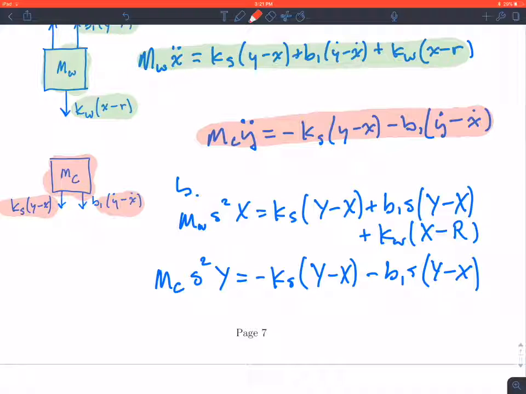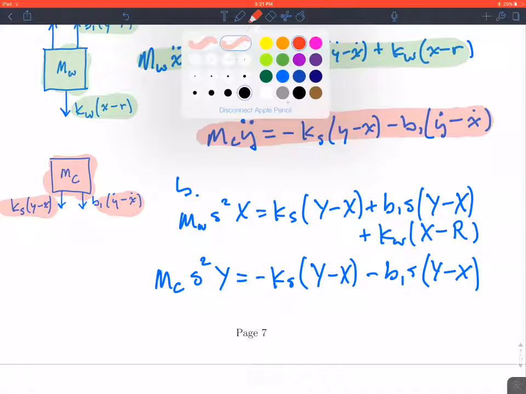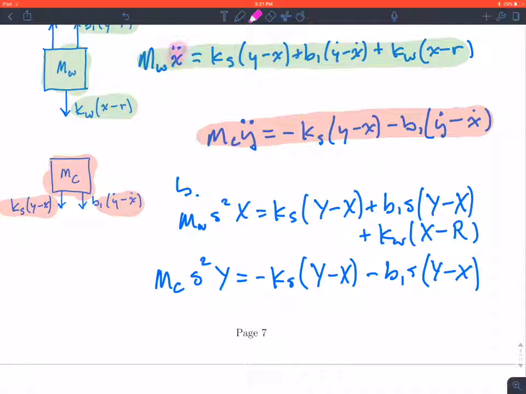So here we go. We have this equation up here, so let me get a different color, pink. We have x double dot, and so s squared X, because that's an x. This is y double dot, so this would be s squared Y. Here's a k_s Y. So you get the idea.